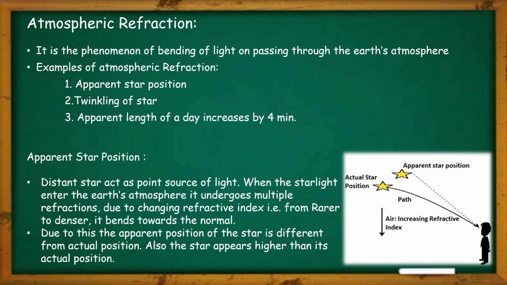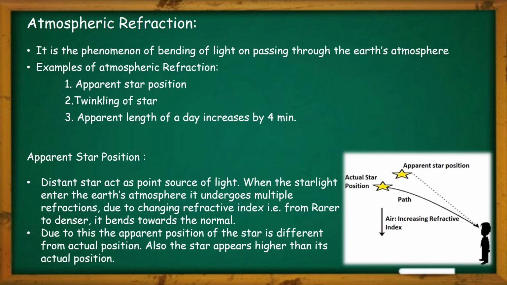It happens due to the atmospheric refraction of starlight. The temperature and density of different layers of the atmosphere keep varying always. So we have different mediums. When light comes from a distant star and enters the Earth's atmosphere, it undergoes multiple refractions due to the changing refractive index.